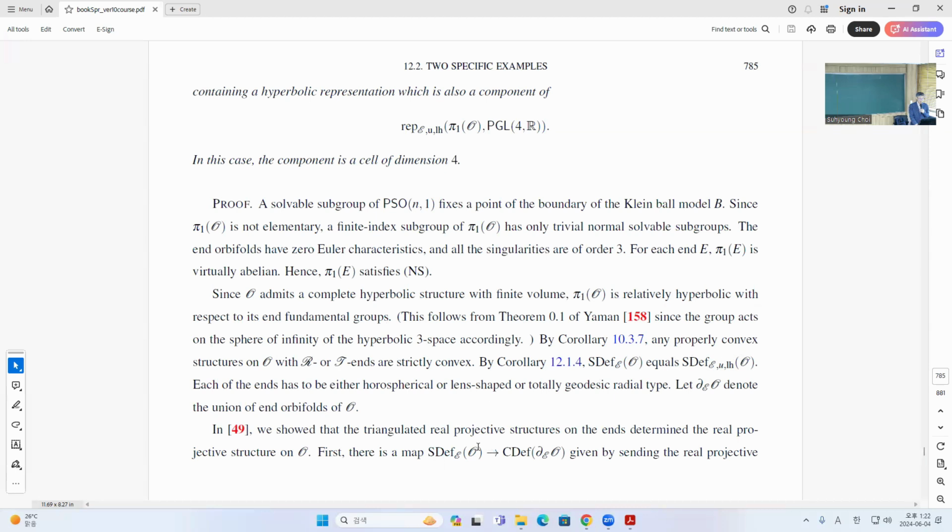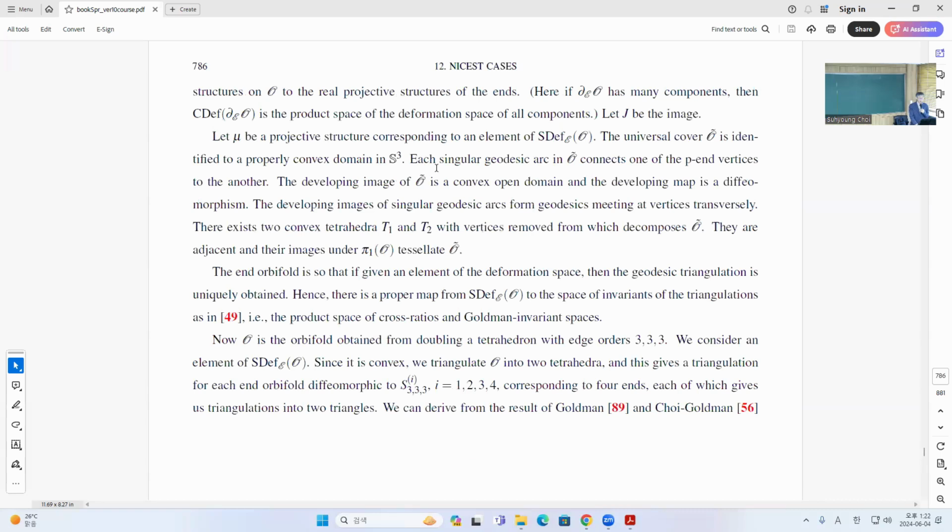And so now we can actually use this paper of mine, and you can give a restriction to the end orbifold. So given a projective structure, you can give a projective structure at this end, and so you can consider the image, and the image in here.